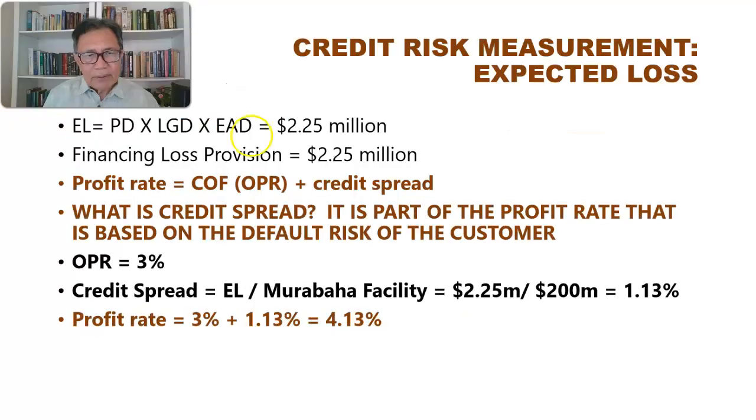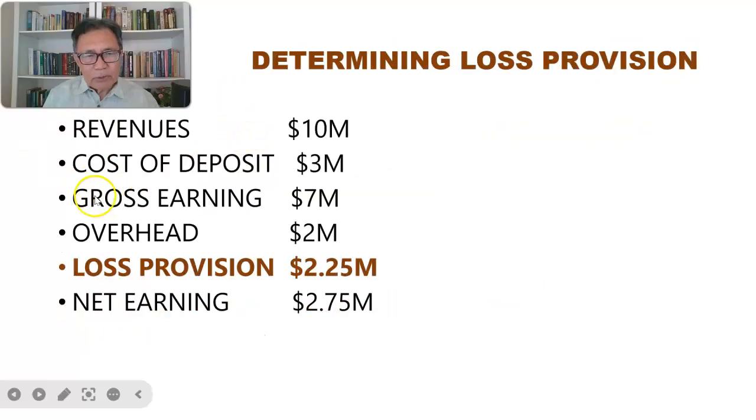So we can see here that if we have a revenue of 10 million from the loan or from the financing, and then the cost of deposit of 3 million, then the gross earning will be 7 million. So the overhead expenses is 2 million. And from the previous estimation of expected loss, we will just plug in the loan loss provision or the financing loss provision of 2.25 million.